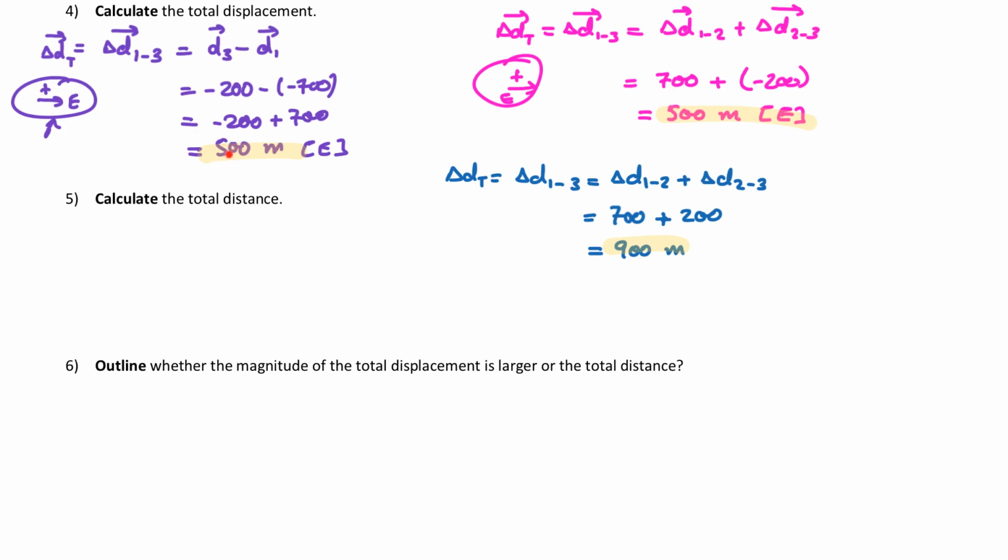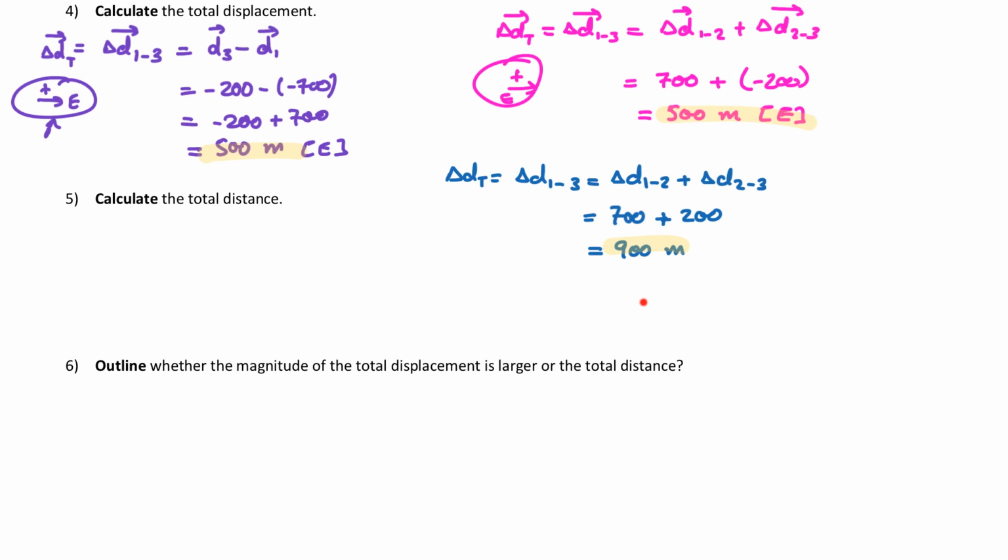When we're talking about magnitude or size, we don't care about direction or negative signs. 500, whereas the total distance was 900 meters. Well, the displacement will always either be equal or smaller than the distance. And the reason for that is when you're looking at change in position, you may go and come back, and if you come back, your displacement in terms of magnitude reduces in size.